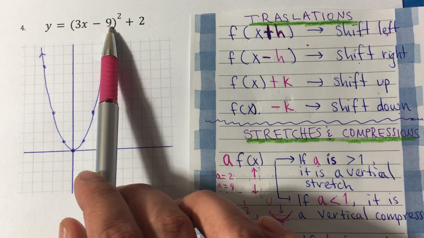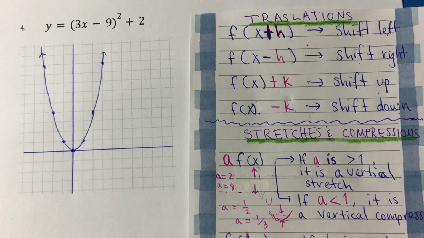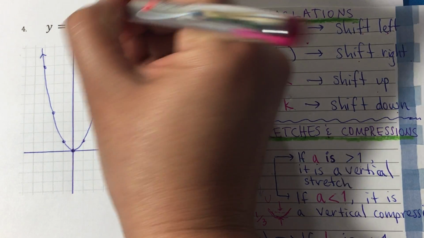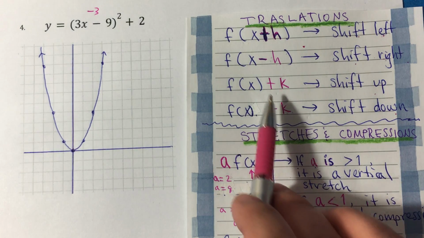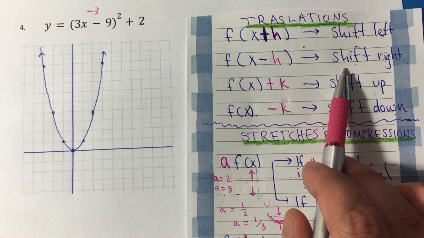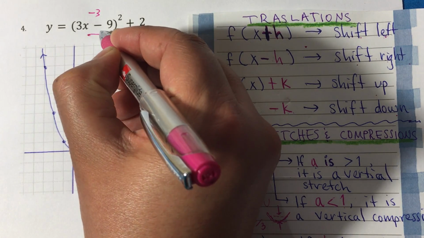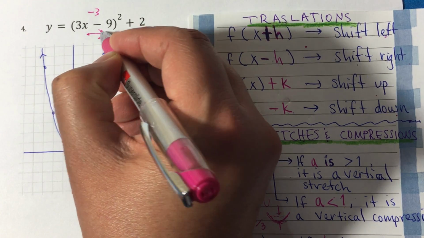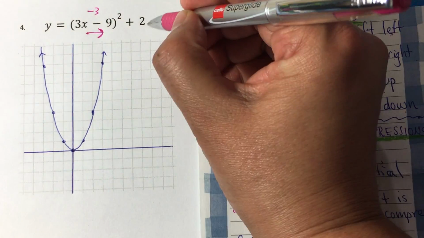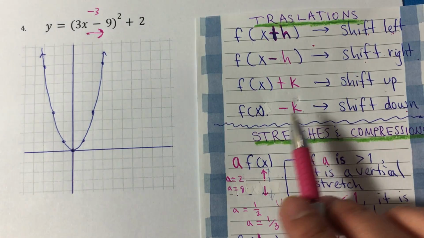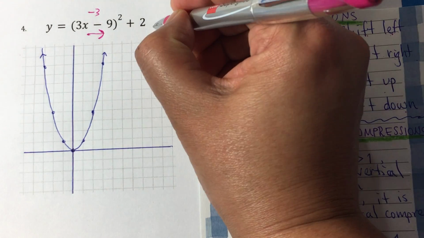So in here -9 divided by 3 will be -3. When we have inside -3, it's going to shift to the right, 3 spaces. The other thing is that outside, when we're adding, it shifts up. So it's going to go up.